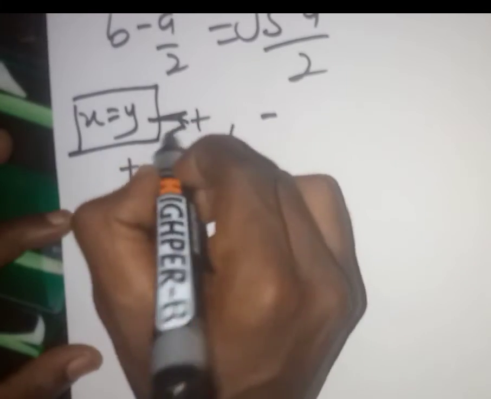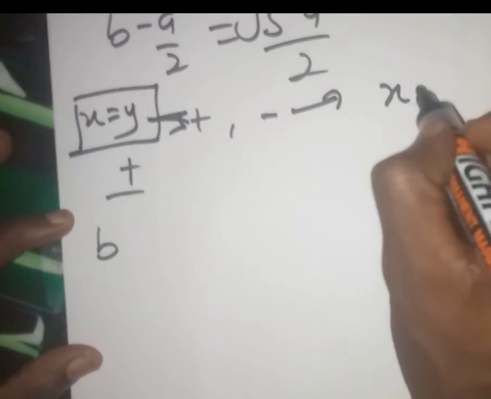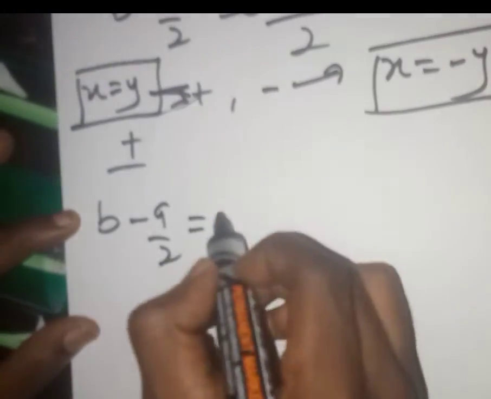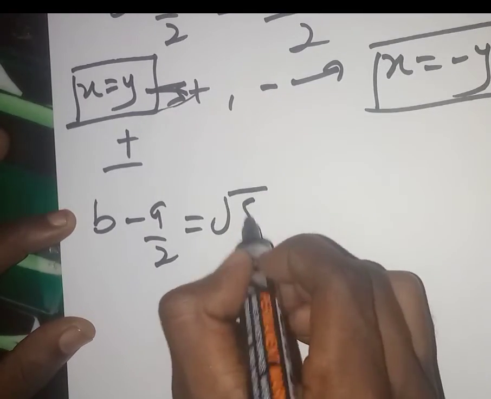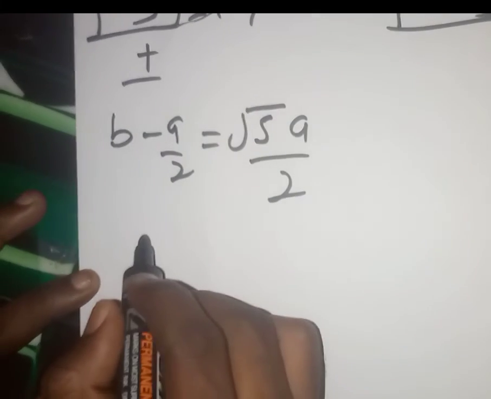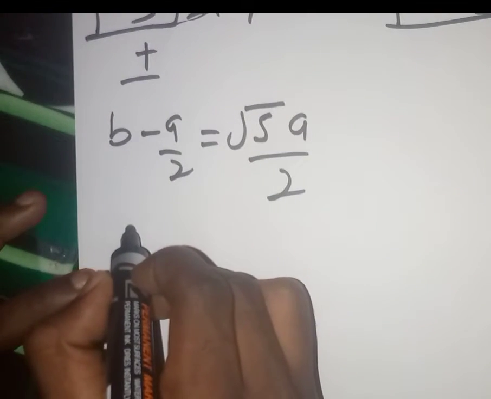That's the positive side, and then we can have a negative side where x equal to minus y in this case. So with the positive side, we just have b minus a divided by 2 being equal to the positive side 5 square root of 5 a divided by 2.